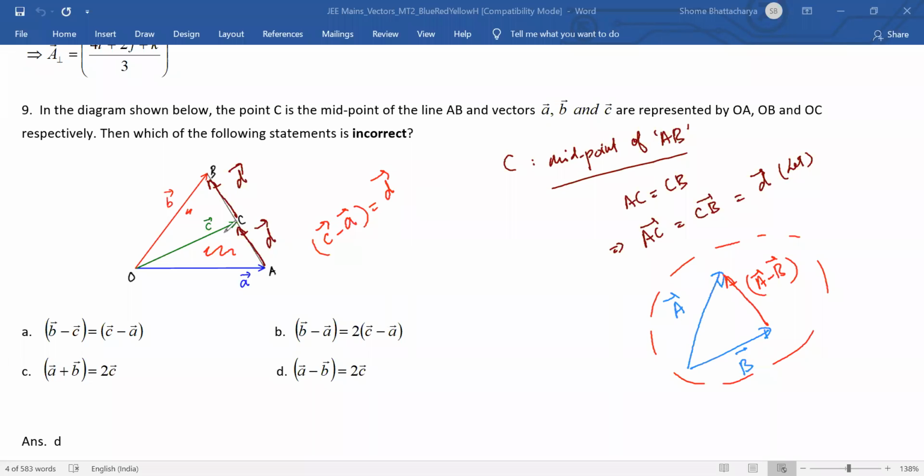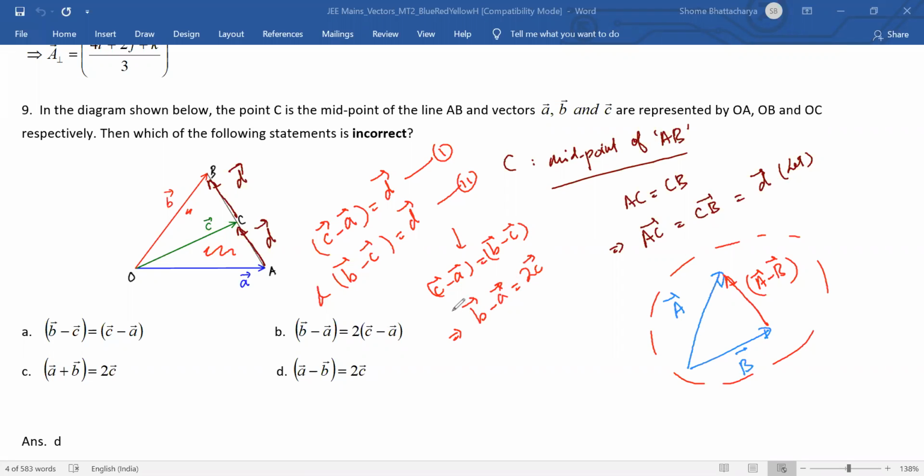In the second triangle you'll get B minus C is equal to D. If you now compare these two equations, you can see that C minus A is equal to B minus C. Therefore B minus A is equal to 2C. Now we can compare all the options. You can see that this option is directly correct.